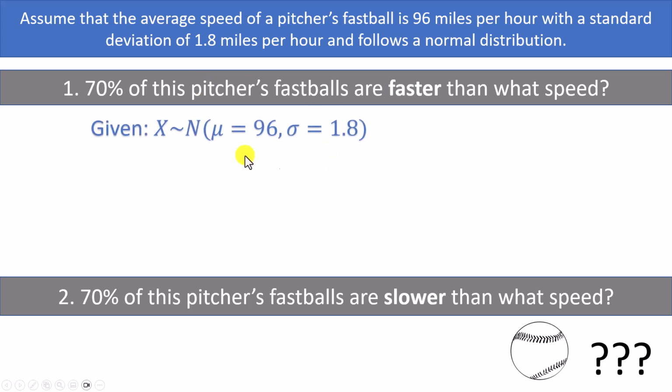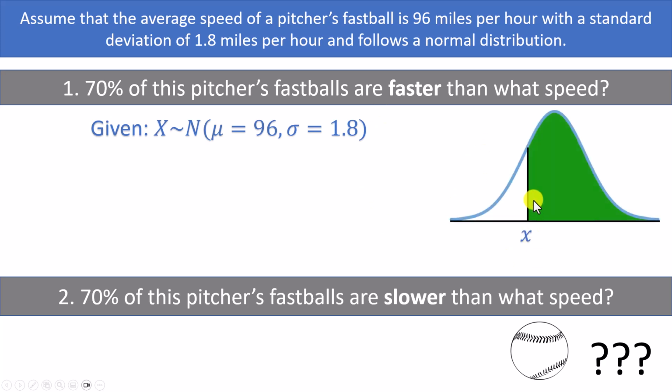Okay, so just like last time, we have the same kind of setup in terms of the variables. The fastball has a mean of 96 and a standard deviation of 1.8 and follows a normal distribution. The question they ask here is: 70% of the fastballs are faster than what speed? Well, if 70% are faster, then this is actually a somewhat slow speed. Most of the time, it's faster than this speed, right?